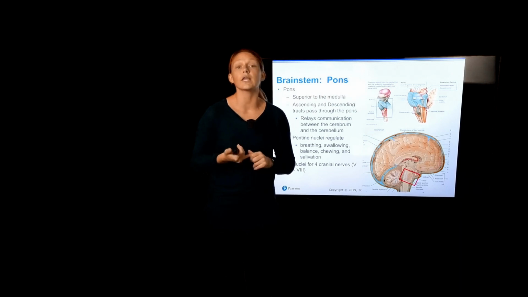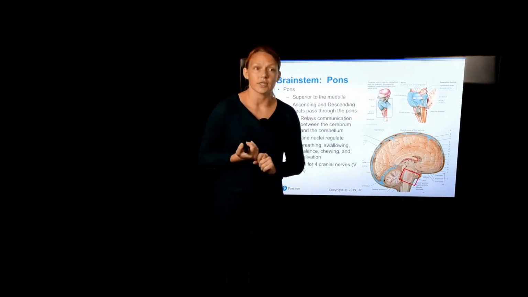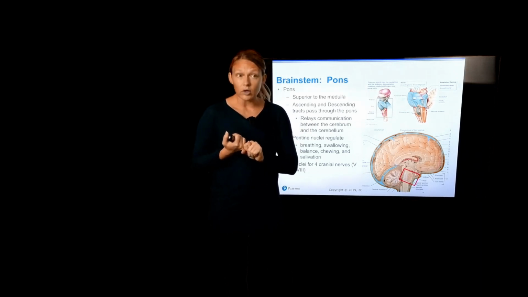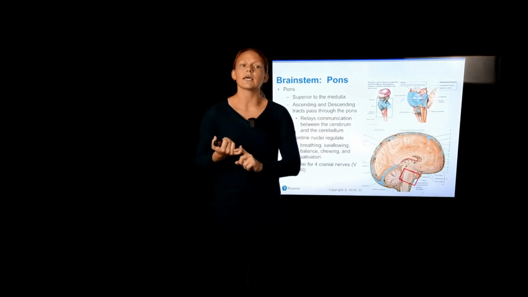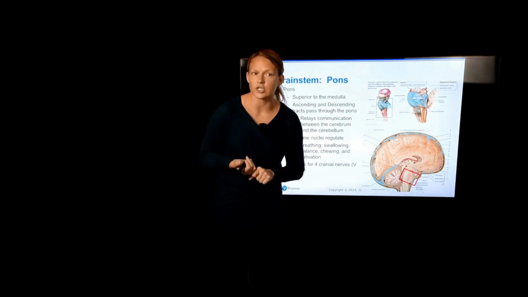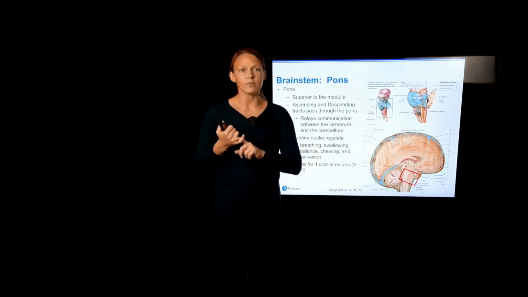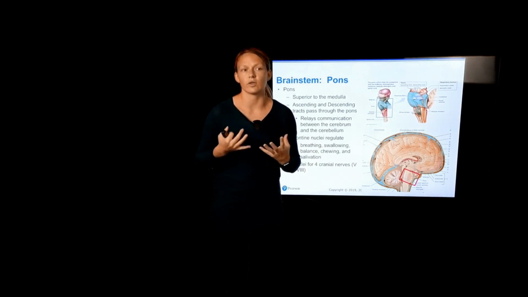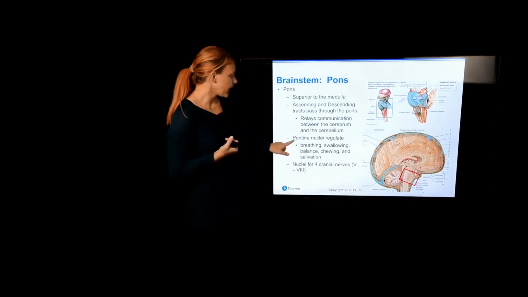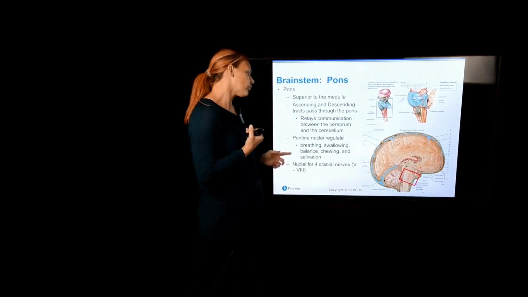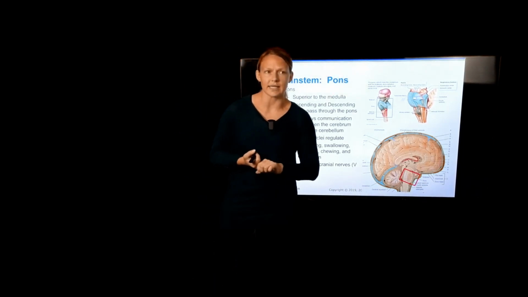It contains nuclei for cranial nerve 5, which is your trigeminal, cranial nerve 6, which is abducens, cranial nerve 7, which is facial, and cranial nerve 8, which is your vestibular branch. The pontine nuclei are going to regulate things like your breathing, swallowing, balance, chewing, and salivation.